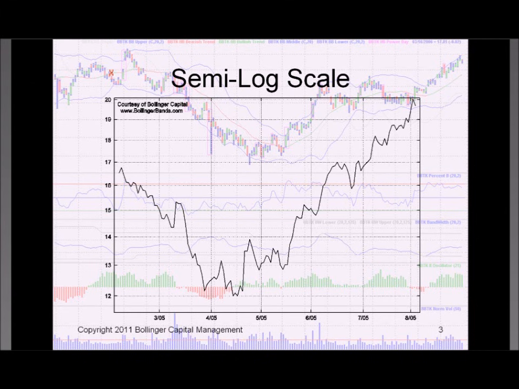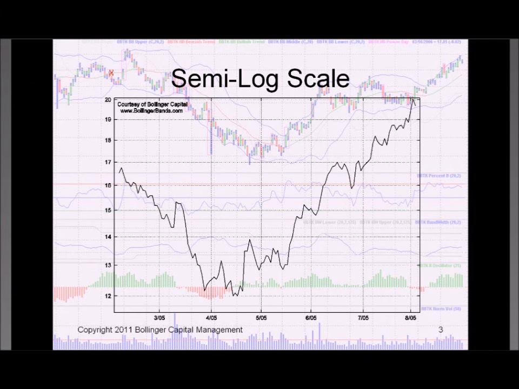As we get up into the higher-priced stocks, this is not as much a problem as it is for the lower-priced stocks. But I virtually always shift my price scale to logarithmic axis so that I get a real sense of the move on a chart that is going to have the similar impact in my portfolio.